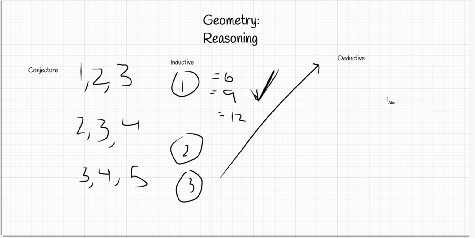Speaking of laws, there are two main laws that are used in deductive reasoning. The first one is called the law of detachment. And this basically says that if you have a condition and a result from that condition, so let's say we have something like, if the weather is good, I play basketball.